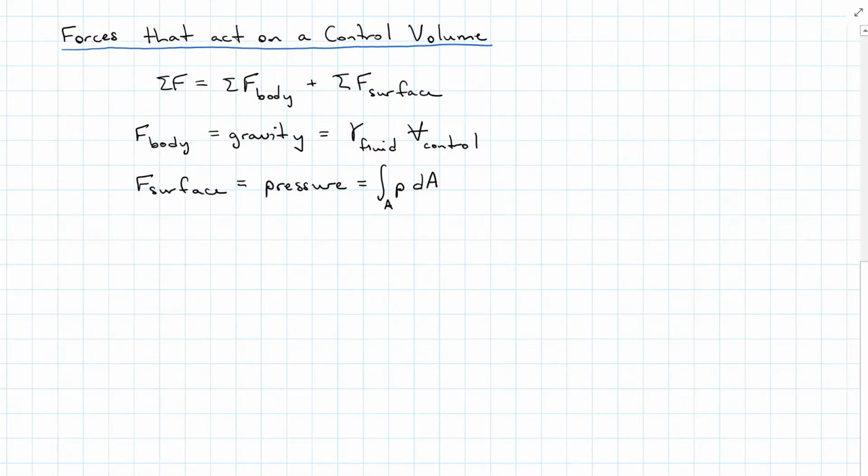Specifically, if we have a pipe section, then that force is going to be the average pressure over that cross-sectional area. If we have an open jet, then our force is going to equal 0.